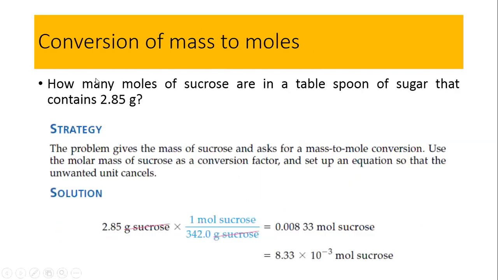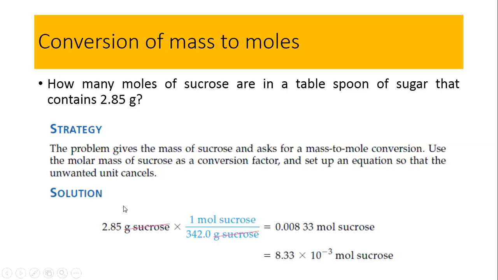Another example: now you can convert the mass to the number of moles. In the previous example, you have already calculated the molecular mass. Let's suppose this is simple sugar. If I ask you, you have 2.85 gram of sucrose, what will be the number of moles of sucrose present in 2.85 gram?